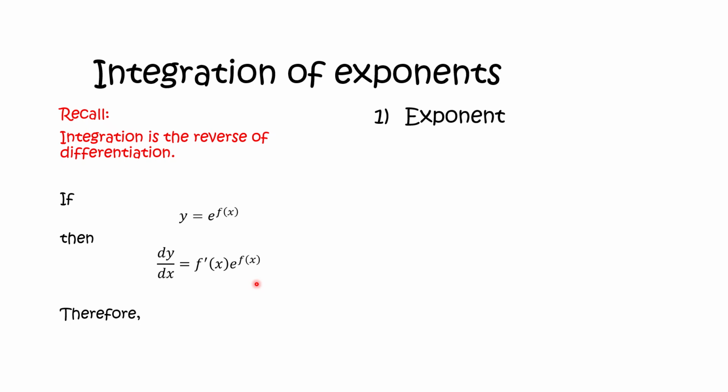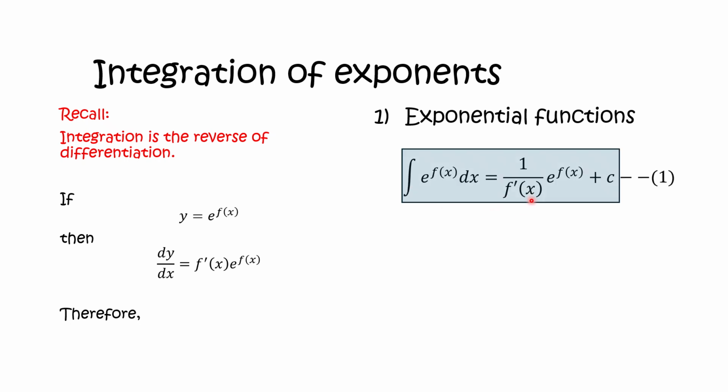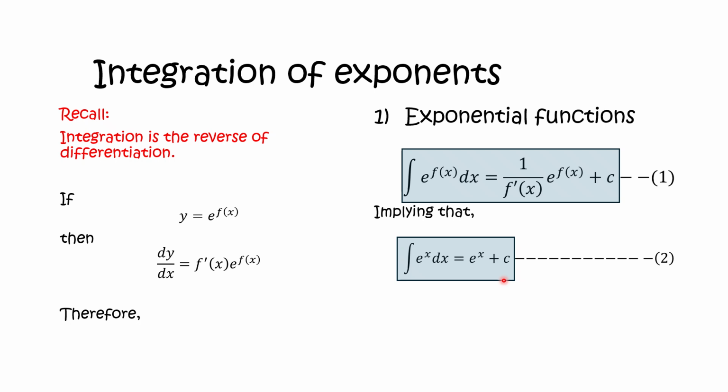Therefore, if we are integrating the exponential functions, we would divide by the derivative of f of x, plus the c, the constant of integration, implying that the integration of e to the x dx is e to the x plus c.